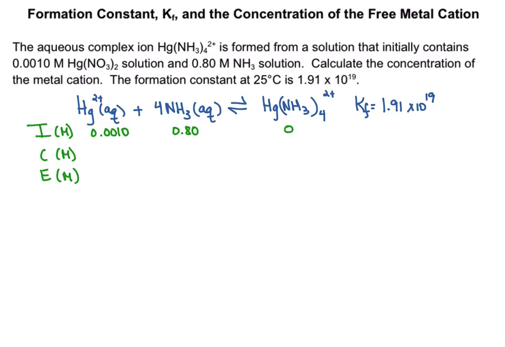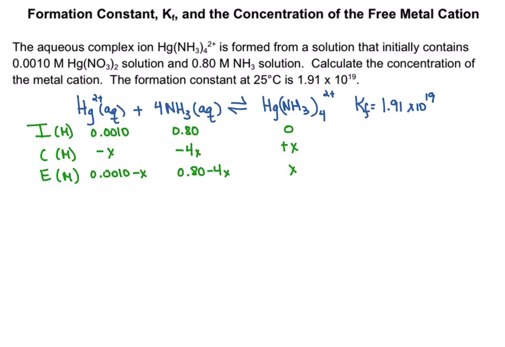For the change, it is plus or minus the coefficient times x, and by convention, minus on the reactants, plus on the products. So this is going to be minus x, minus 4x, and plus x. For equilibrium, it is initial plus change.